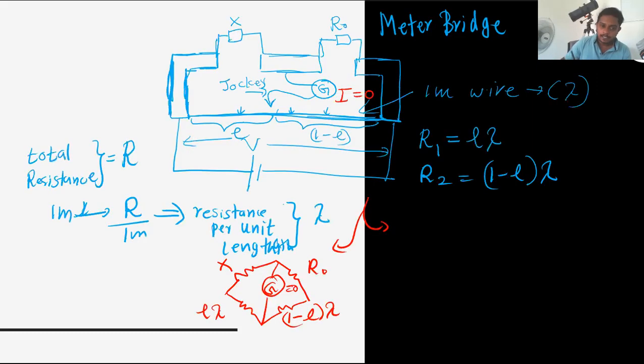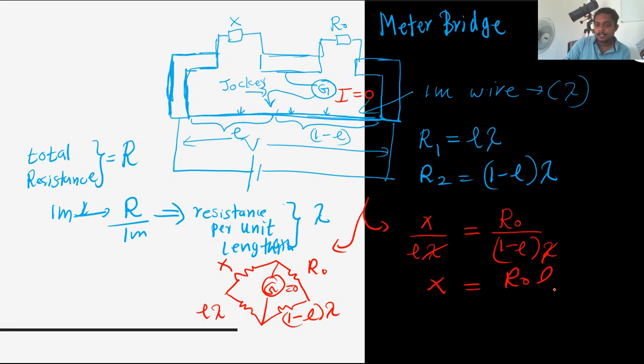So finally, from the Wheatstone bridge, we get X over L lambda is equal to R naught over 1 minus L lambda. Lambda and lambda cancel out. X is equal to R naught times L over 1 minus L.